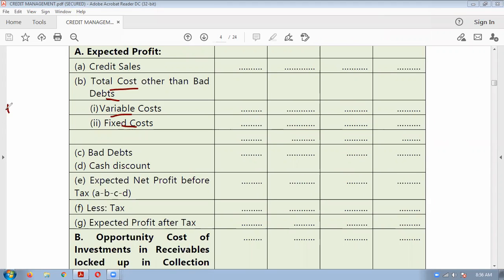Everybody knows what variable cost is and what fixed cost is; we are not going into that detail, as you have already read that in costing. So the total cost for the organization or firm will be variable cost plus fixed cost.